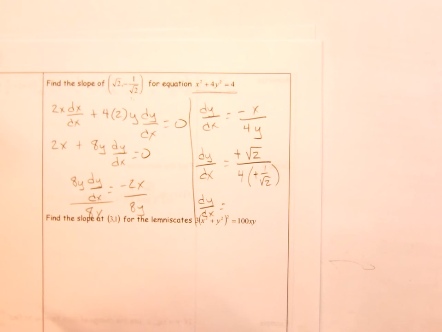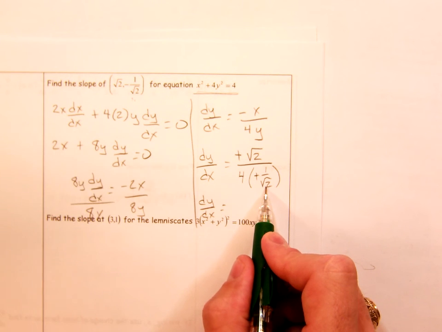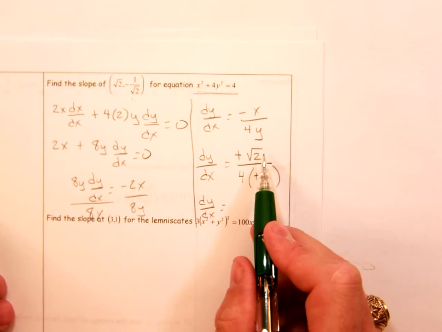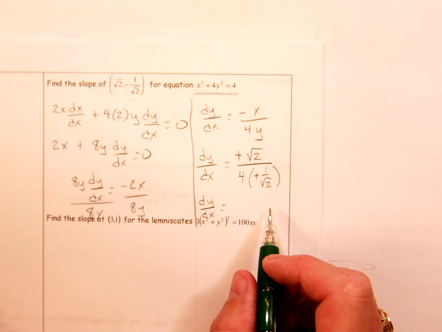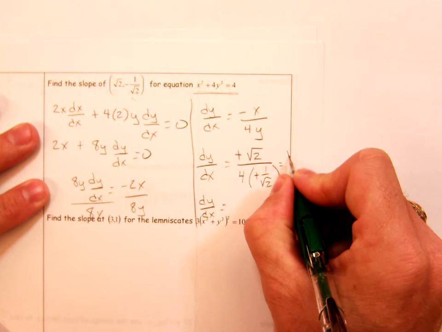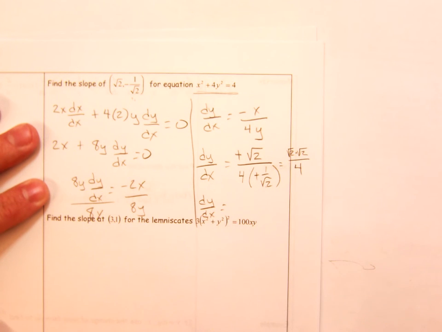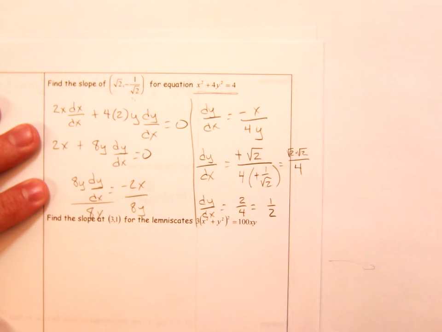They cancel. This actually turns into 4 over the square root of 2. So it's square root of 2 divided by 4 over the square root of 2. When I do my division, what happens to that? It flips, right? So it's actually square root of 2 times the square root of 2 over 4. What's the square root of 2 times the square root of 2? 2. 2 over 4 is equal to 1/2. So my slope is 1/2.